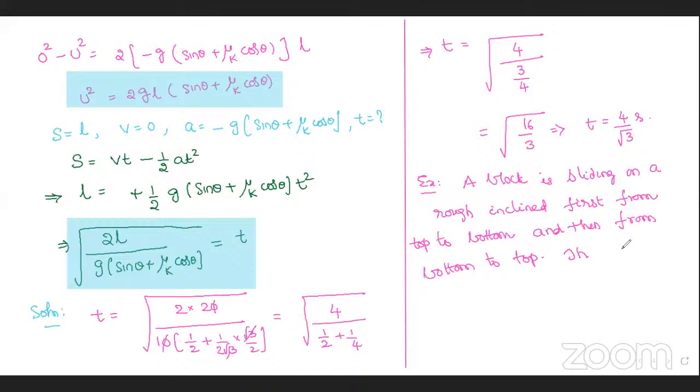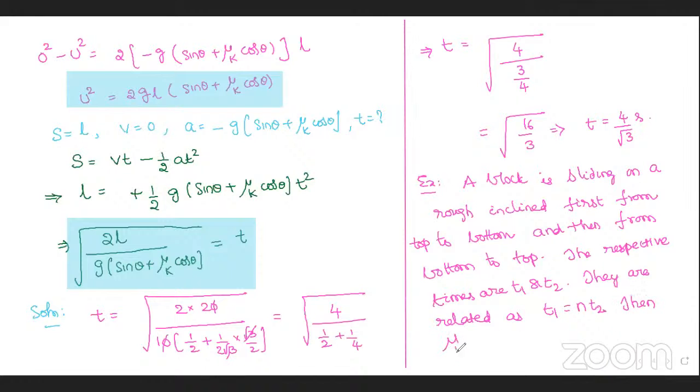The respective times are T1 and T2. They are related as T1 is equal to n T2. Then mu k equals to what? This is the question.